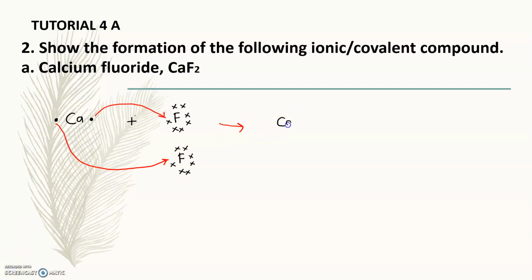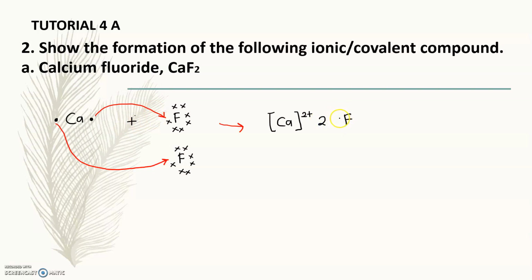Since calcium has released or donated 2 electrons towards the 2 fluorine atoms, it has no more electrons here. After that it will become a cation, calcium 2 plus, since 2 electrons have been donated to the 2 fluorine atoms.